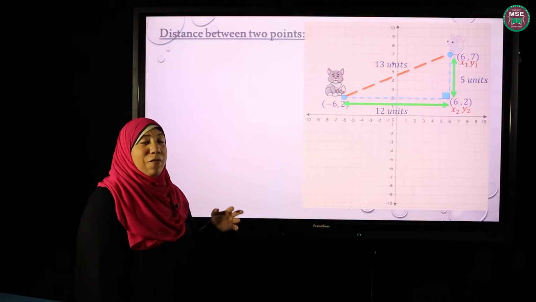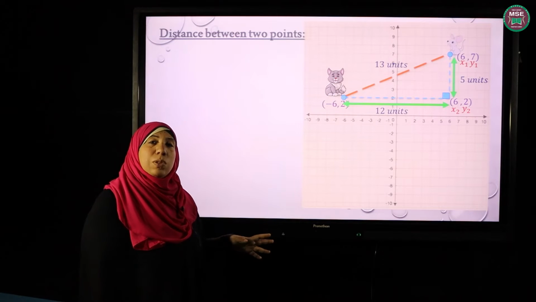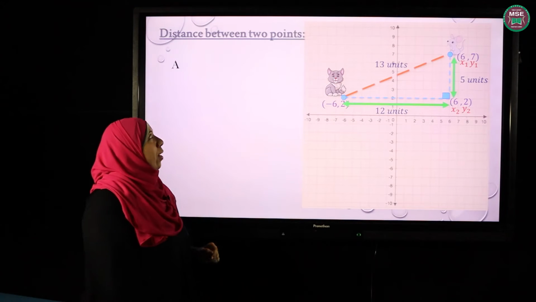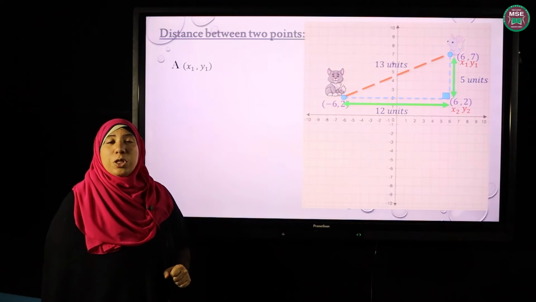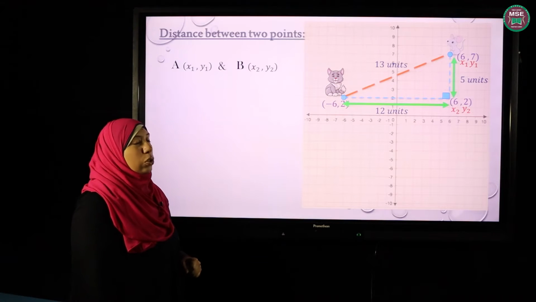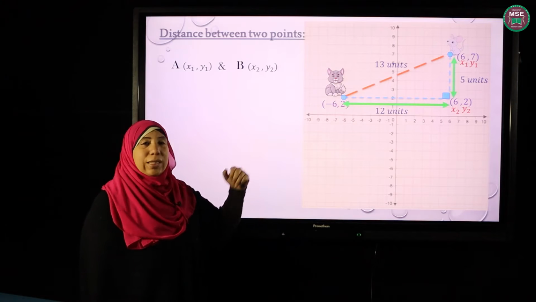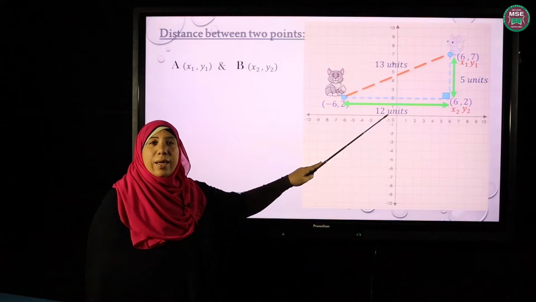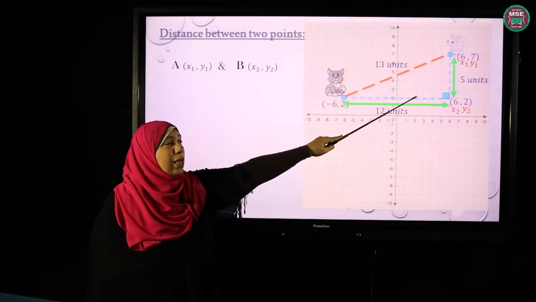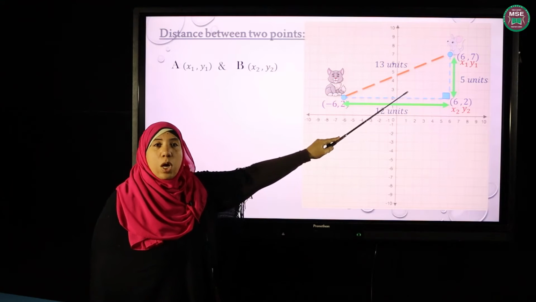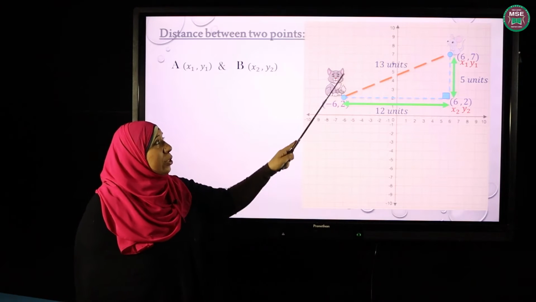Now, every time I will find the distance between 2 points, will I make all these steps? No. Now, if I consider that I have a point A, x1, y1, and the point B, x2, y2, what did I do here? I did x1 minus x2, and there I did y1 minus y2, and I used Pythagoras.